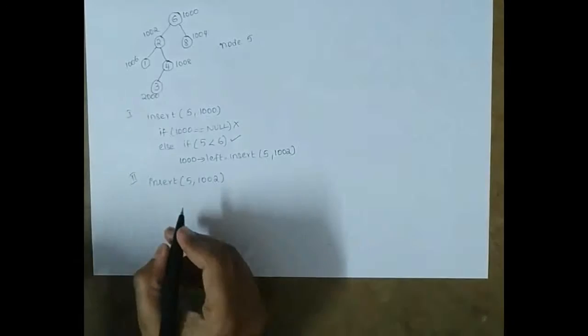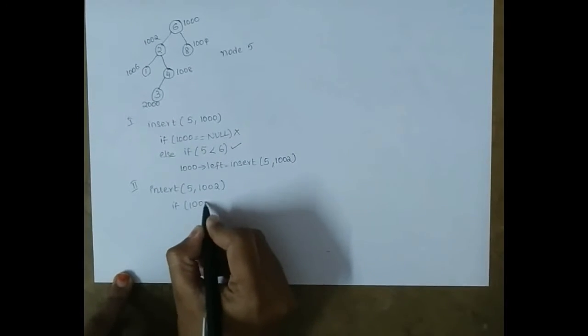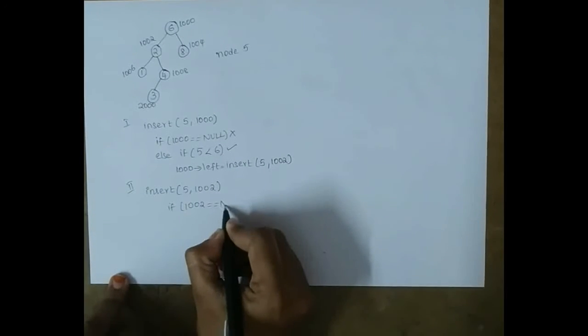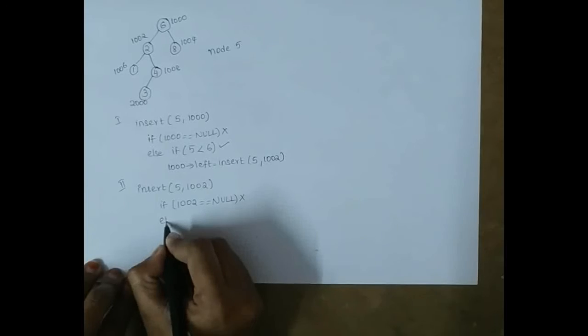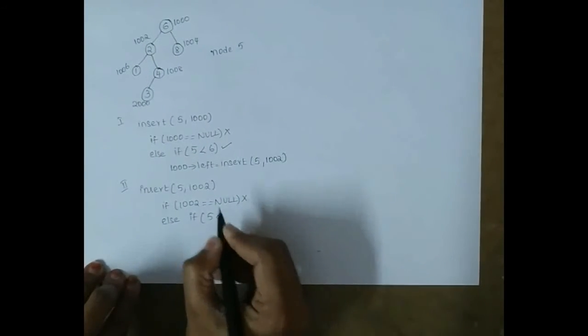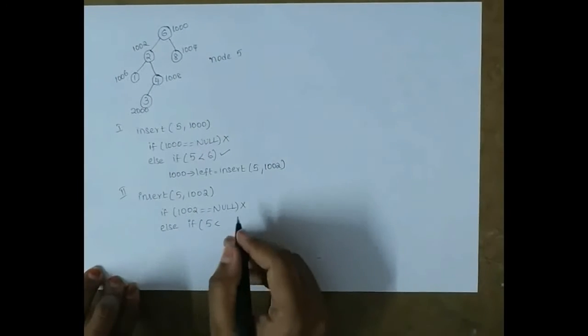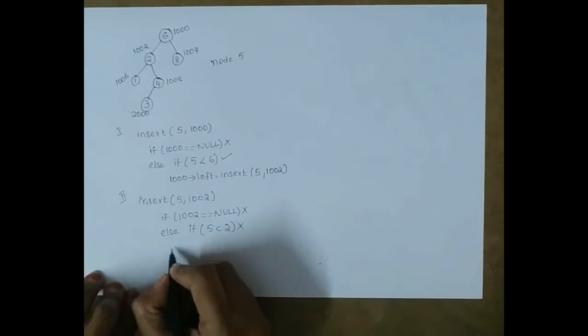Now our root value is 1002. If 1002 equals null, no. So we go to the else if block. Else if 5 is less than 1002 of data, so 5 is less than 2, the condition fails here.